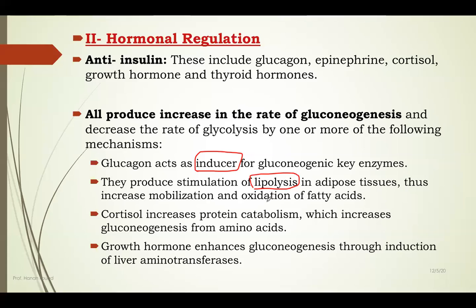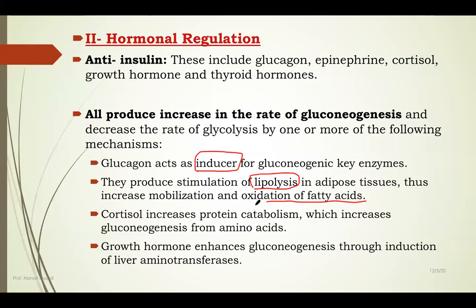Lipolysis liberates free fatty acids and increases fatty acid oxidation. And as I discussed, oxidation of fatty acids inhibits glucose oxidation because fatty acid oxidation is a sign that there is starvation.